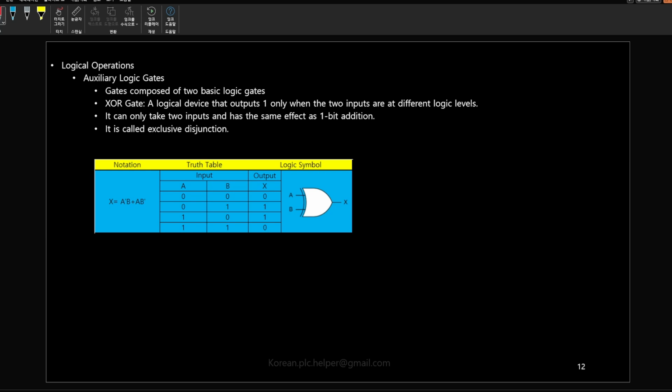The XOR gate is a logic component that outputs true only when the two inputs have different logic levels. 0, 1 is 1, 1, 0 is 1. It only accepts two inputs and is often used for detecting errors in serial communications.